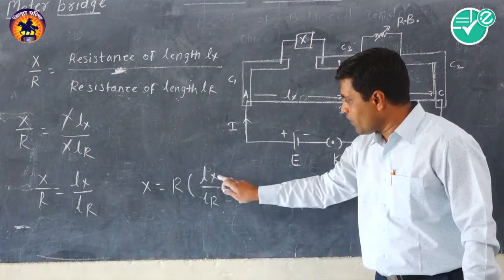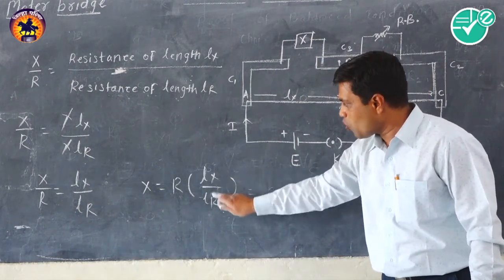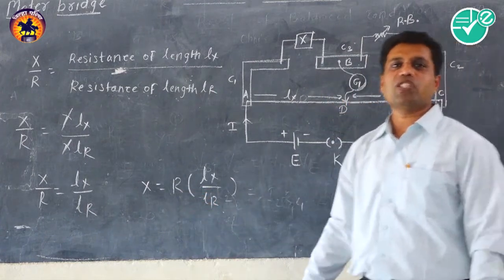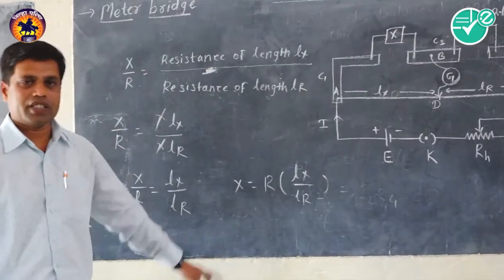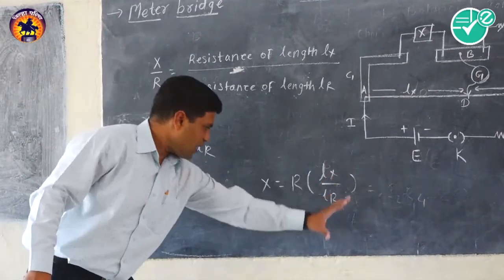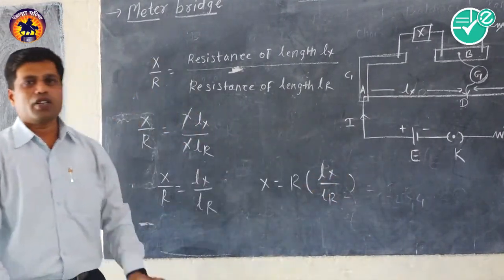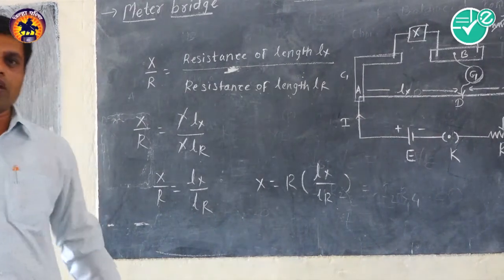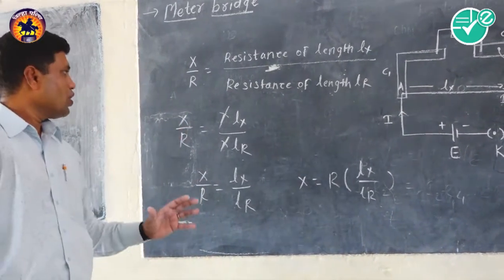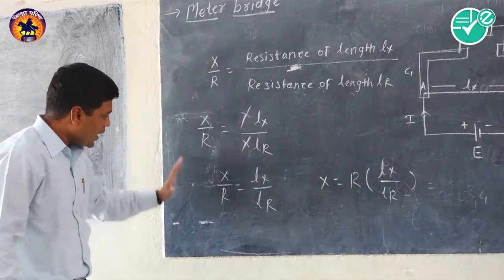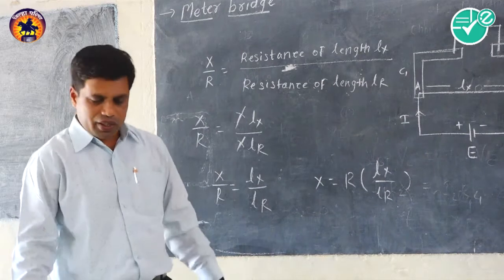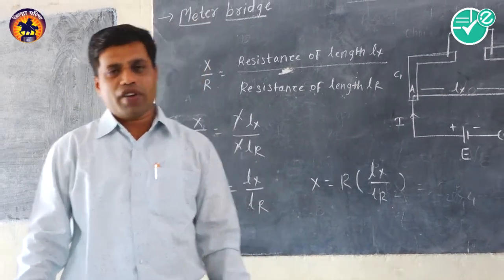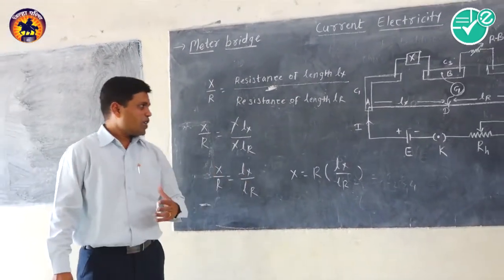Then by putting the values, 40 divided by 60, meaning 4 by 6, into 20, meaning 80 by 6, you will get your value of X. This is a very simple and sophisticated method to calculate the unknown resistance using the meter bridge. So this is the required expression and circuit diagram. I have also elaborated the theory. If you have any doubt, you can ask me at any time.